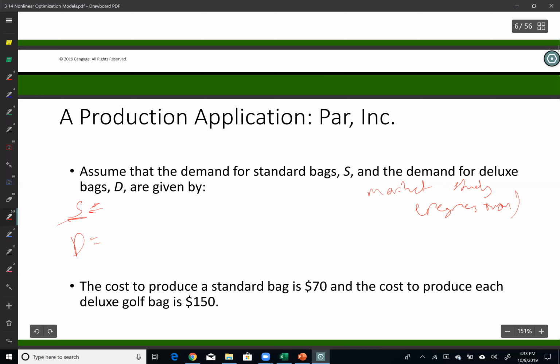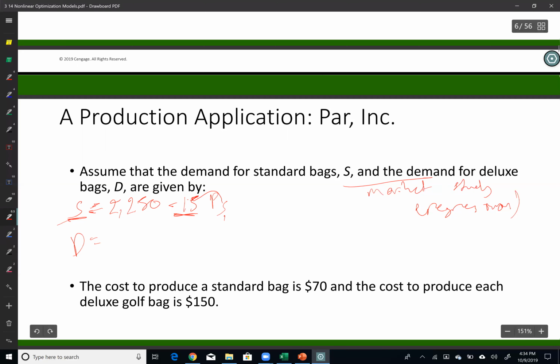The quantity sold or demanded for regular standard bags is based on this relationship, S = 2,250 minus 15 P sub S, which means that if I increase the price of a standard bag by $1, I expect to have 15 units less of standard bag demanded.